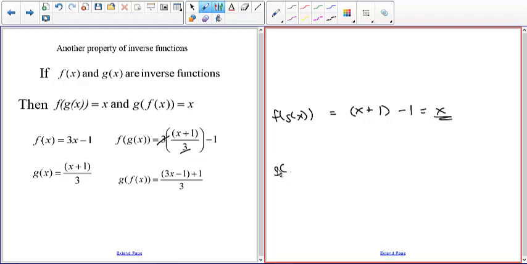Then you have g of f of x. So what we're going to do here is you can just get rid of the parentheses. These cancel out, go to 0. So you end up with 3x over 3. 3's cancel out and become 1. You get x. So because f of g of x is x and g of f of x is x, then we know that these are inverse functions of each other.